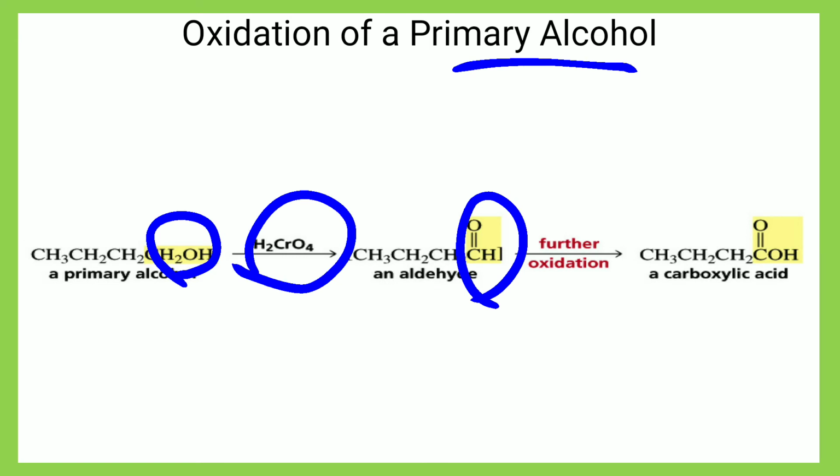But it has one drawback. This reaction does not stop here. On further oxidation it gets converted to the acid. This is a drawback of chromate as an oxidizing reagent.